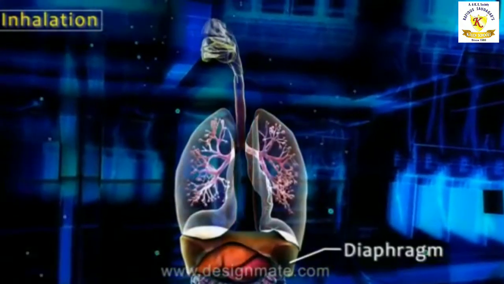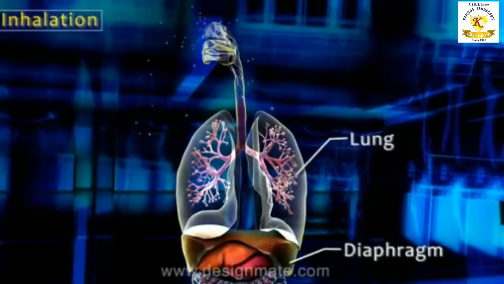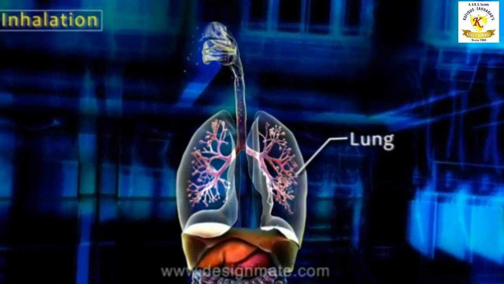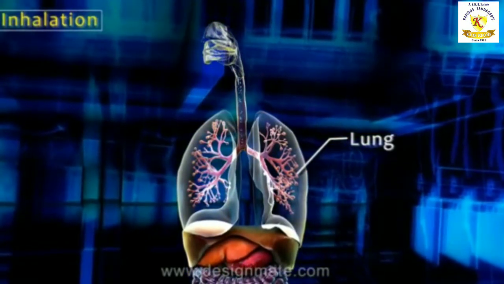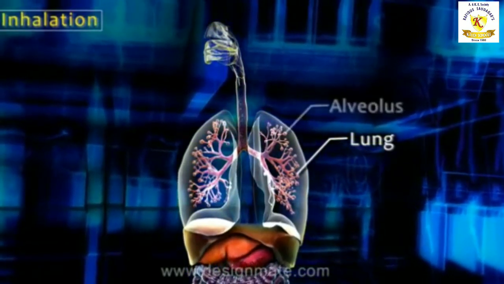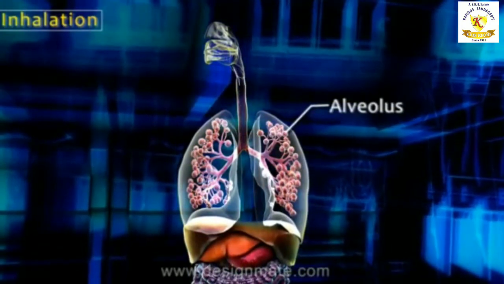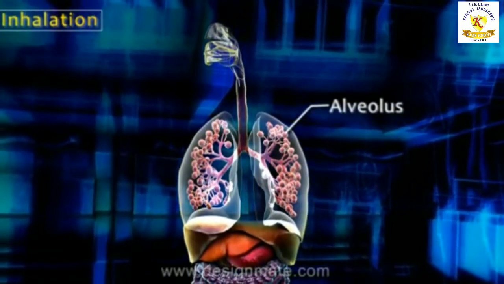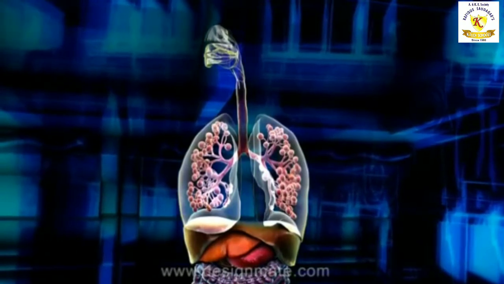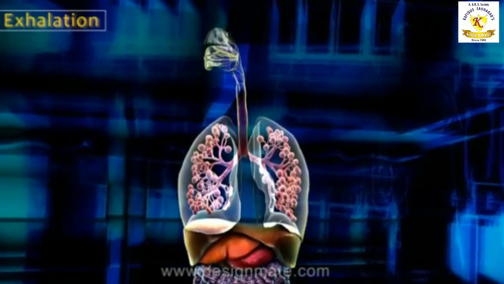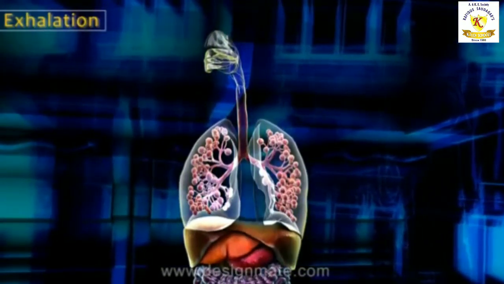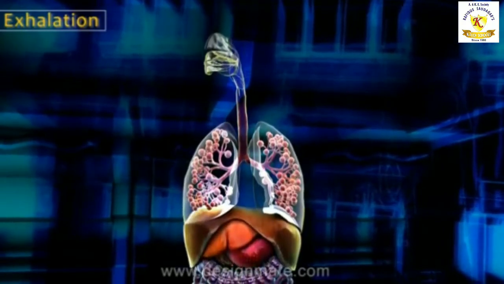After the contraction of the muscular diaphragm, the lungs expand and the air rushes in, resulting in the inflation of alveoli. During exhalation, the diaphragm moves up and the lungs contract.